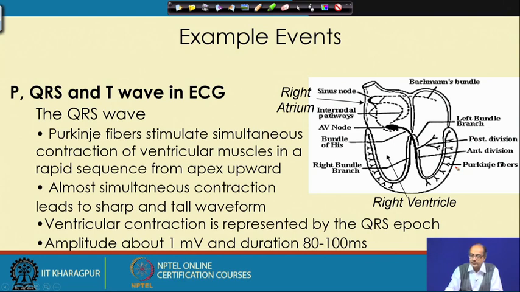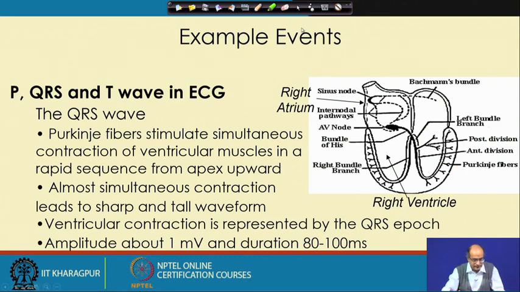So, the transfer of blood from the atrium to the ventricles will stop, and that increase in pressure will open the valves between the ventricles and the arteries. As the valves open, the arteries will start carrying the blood outside the heart. Okay. So, that is the main activity associated with the QRS complex.